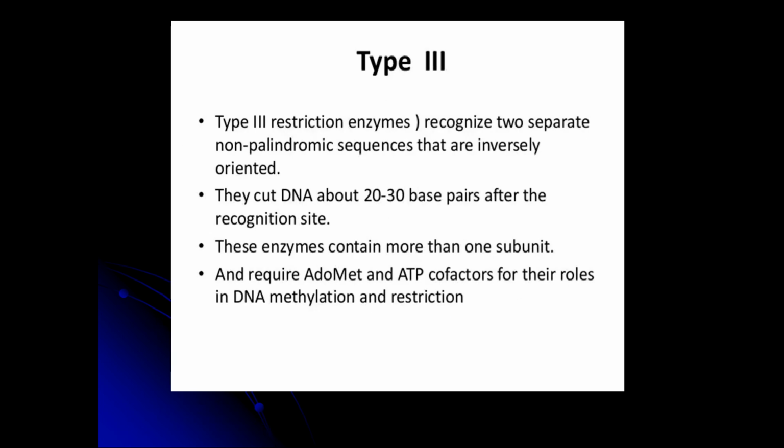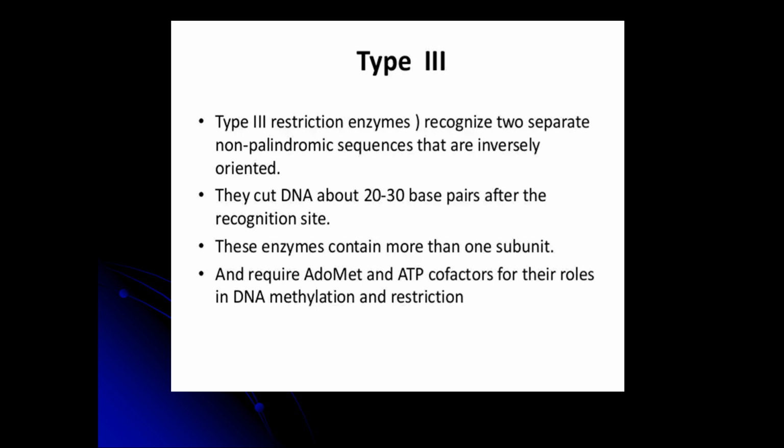Now type 3. Type 3 restriction enzymes recognize two separate non-palindromic sequences that are inversely oriented. They cut DNA about 20 to 30 base pairs after the recognition sequence, downstream.